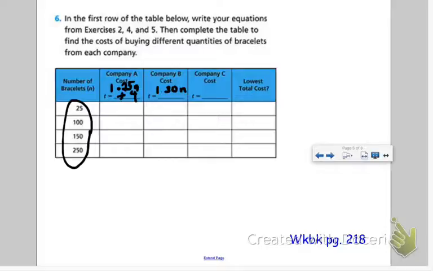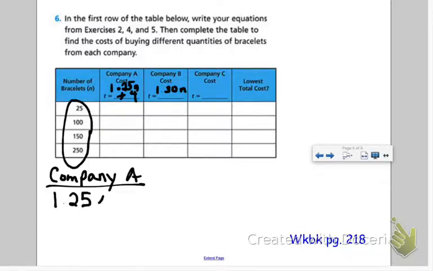If I want to buy 25 bracelets from company A, I would have to do $1.25 times 25 bracelets, of course, plus the $4 for shipping. So I would spend $36.25.